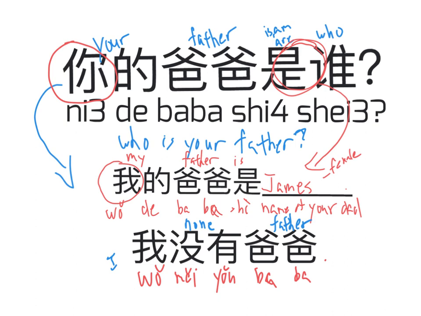In English translation, I have no father. So if you don't have a father anymore, your answer could be 我没有爸爸. But if you have a dad, your answer could be 我的爸爸是, and then the name of your dad. So this is how we answer the question 你的爸爸是谁?